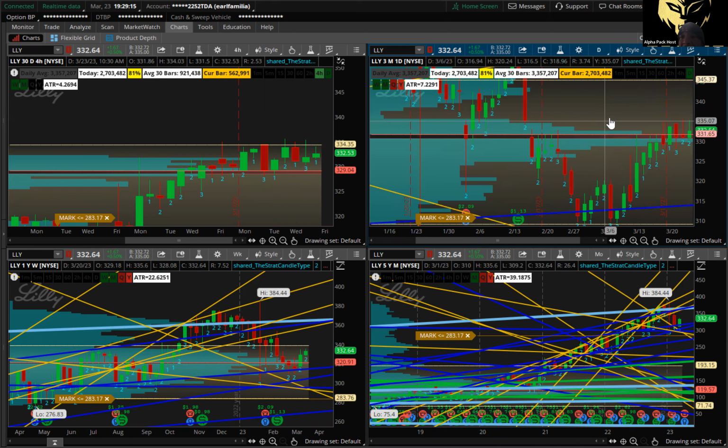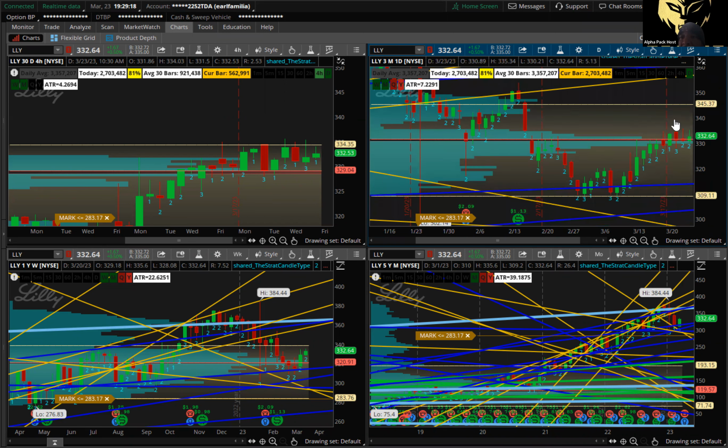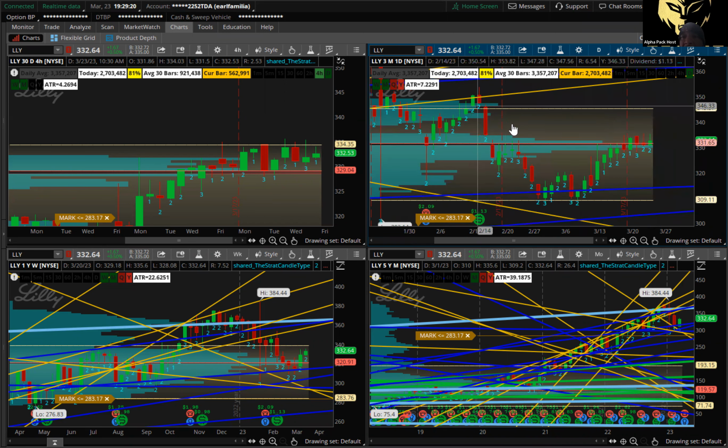Yeah, tomorrow I could see this thing going back up, 2 up tomorrow. Looks like it's a double bottom. So looking for a real strat tomorrow, 2 up.